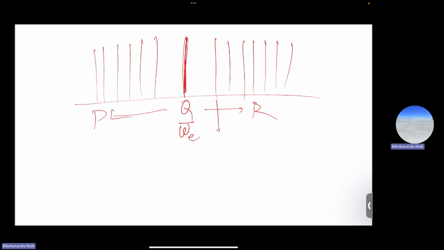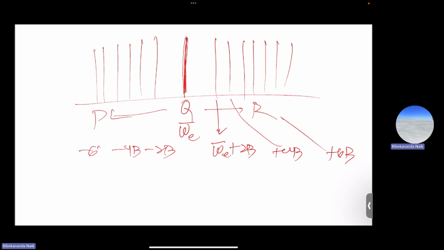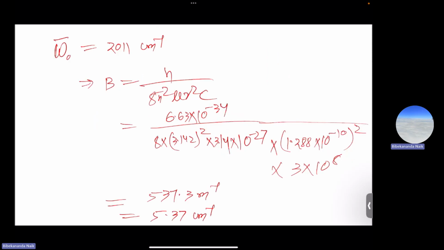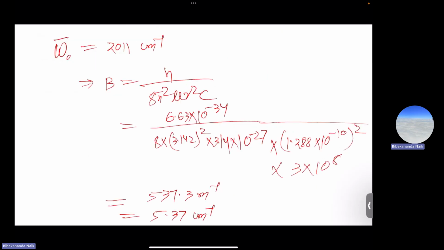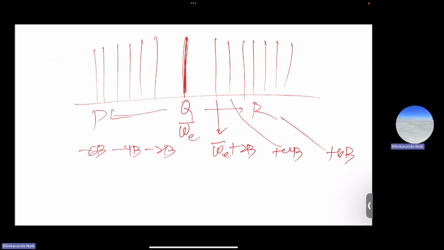So here it is omega E bar plus 2B, then plus 4B, plus 6B, like that. Then here it is minus 2B, minus 4B, minus 6B. So the question says find the wave number of the third line of each P and R branch. So for P branch, the third line will be omega 0 minus 6B.